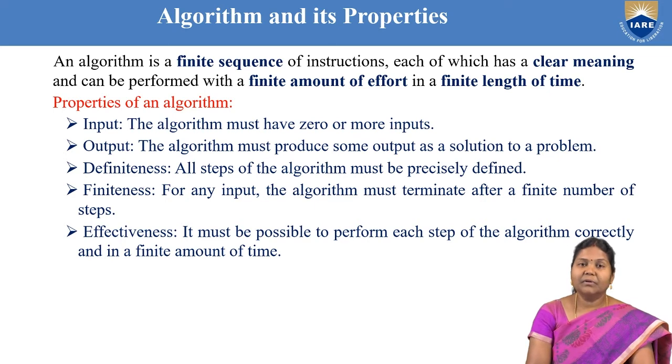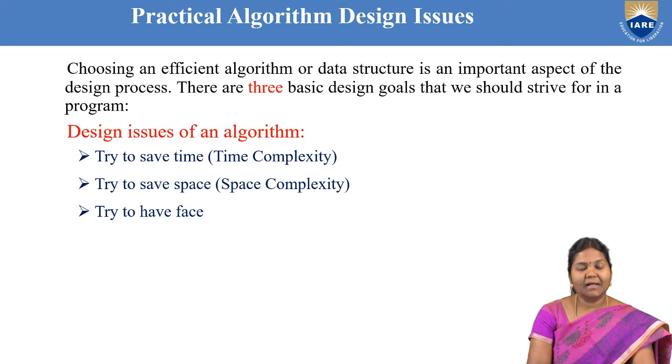After knowing about the algorithm and its properties, let us understand the practical design issues whenever you design an algorithm. Choosing an efficient algorithm or data structure is an important criterion for any application. There are three basic design goals we should always be careful about when choosing or writing an efficient algorithm.